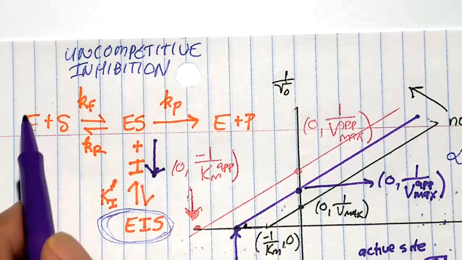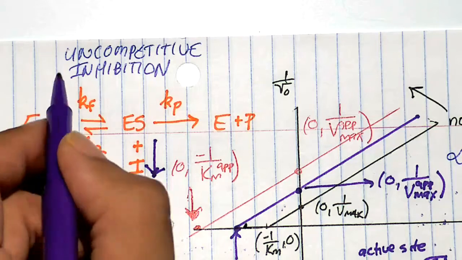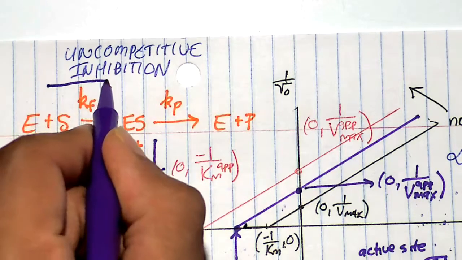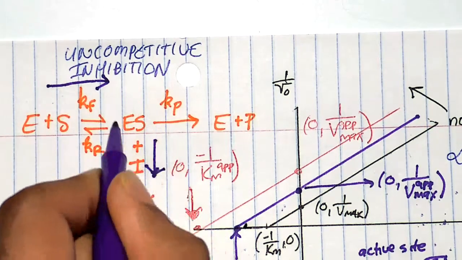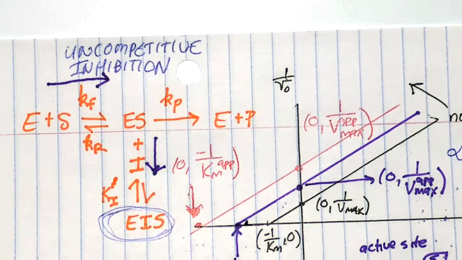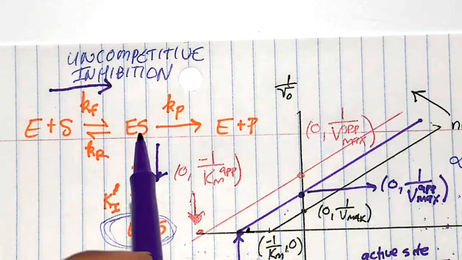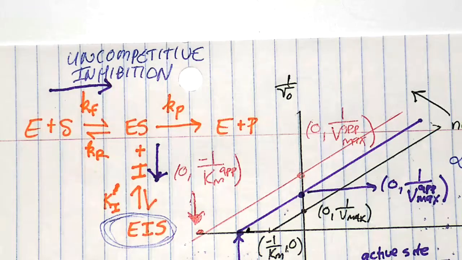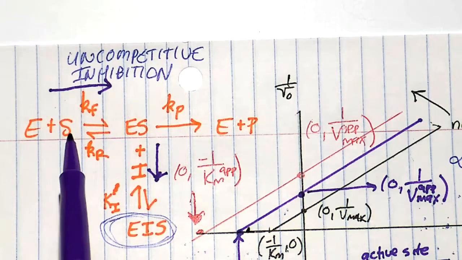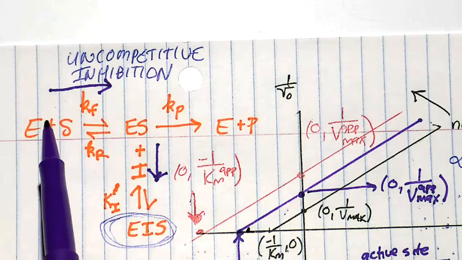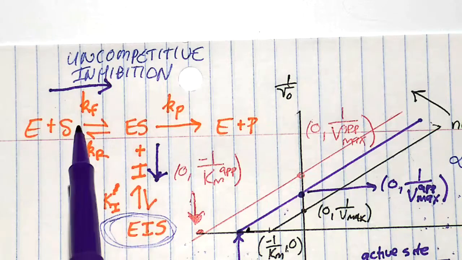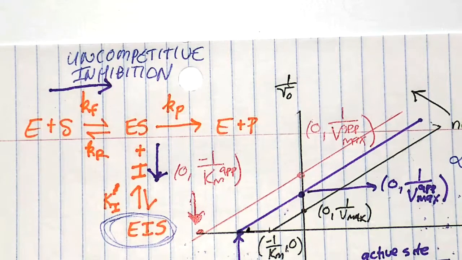And what does that do to this equilibrium here? It's actually going to force that equilibrium to go this way and make more ES, more enzyme substrate. So it's not that it takes less substrate concentration to get to V equals Vmax over 2. It's just that you're shifting the substrate to bind to the enzyme, forcing the equilibrium to the right. And this is, in essence, Le Chatelier's principle.